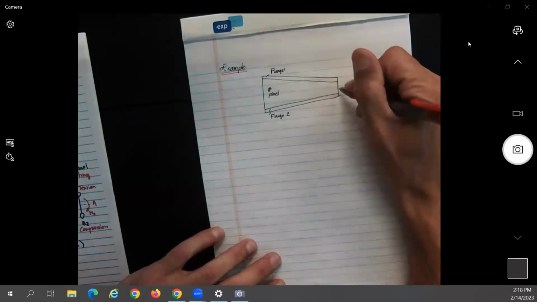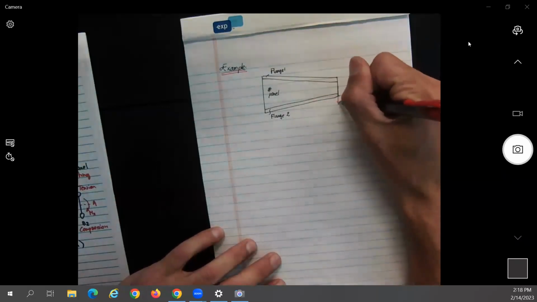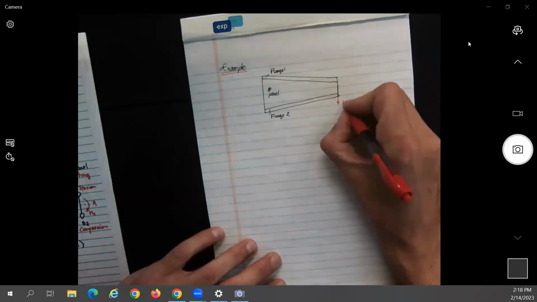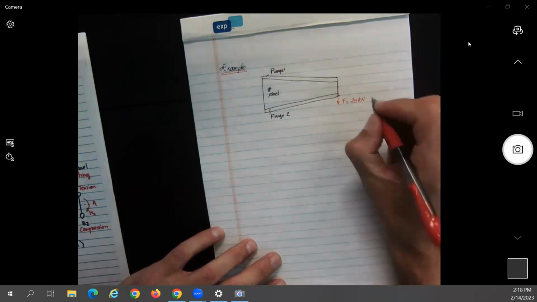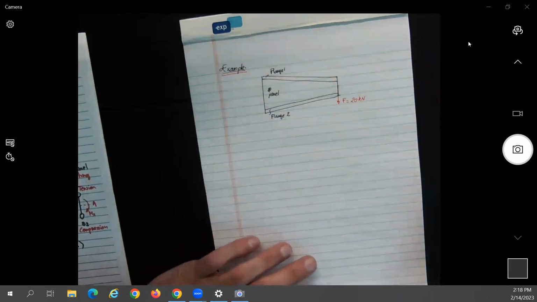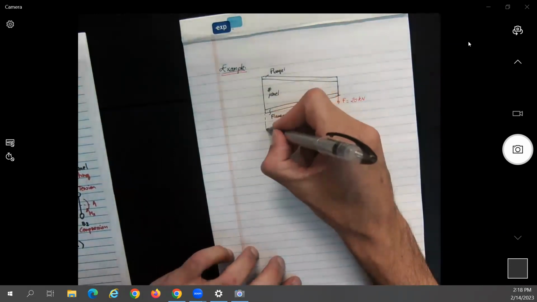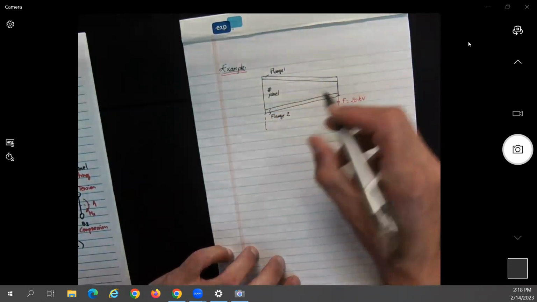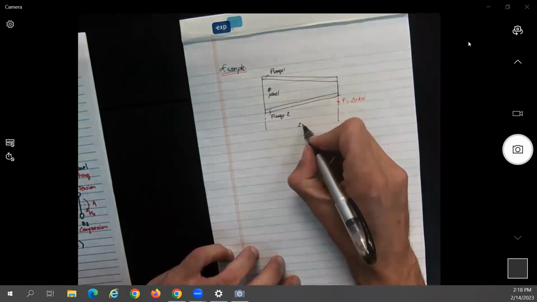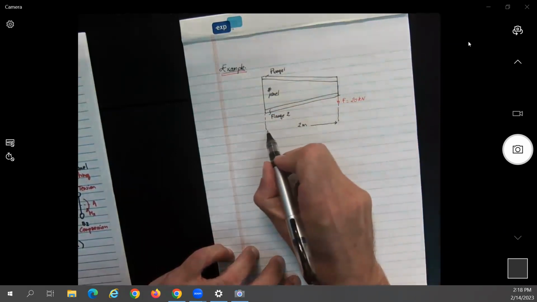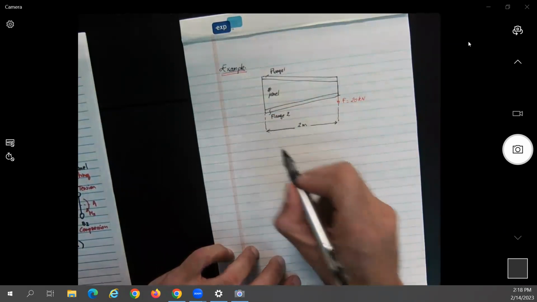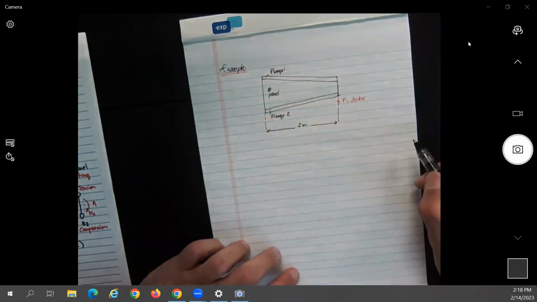This one is subjected to just a downward vertical load of 20 kilonewtons. The total length of this part is 2 meters.